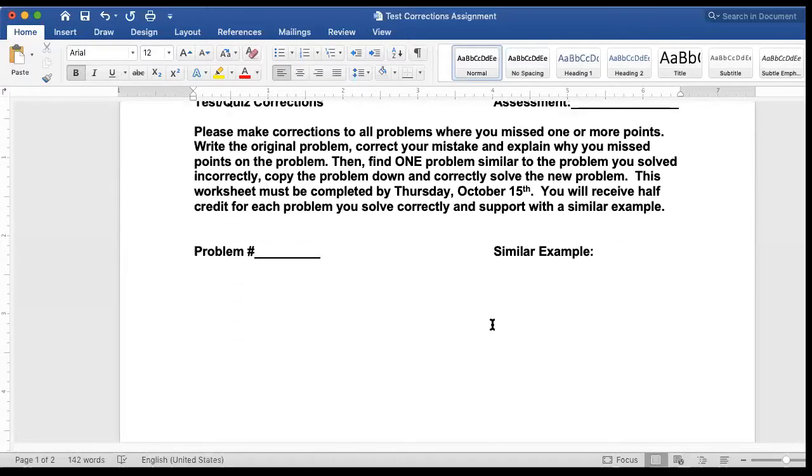So for my test corrections, pretty much if you miss... No, and I can't hear anything coming out of my MacBook. Go ahead. You're cutting out really bad. They said you're cutting out really bad.